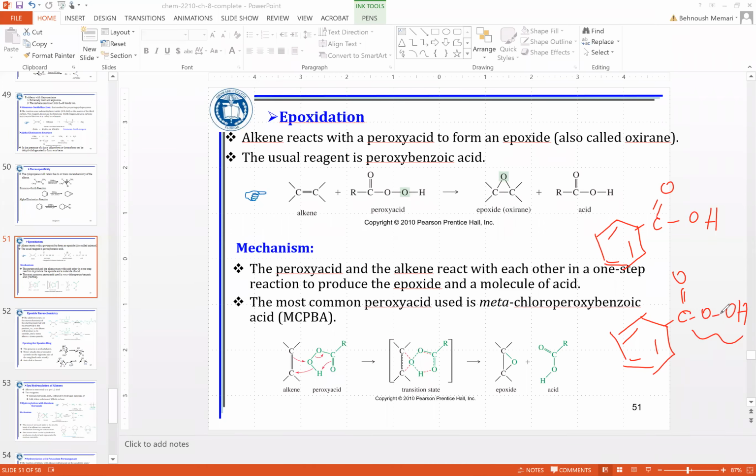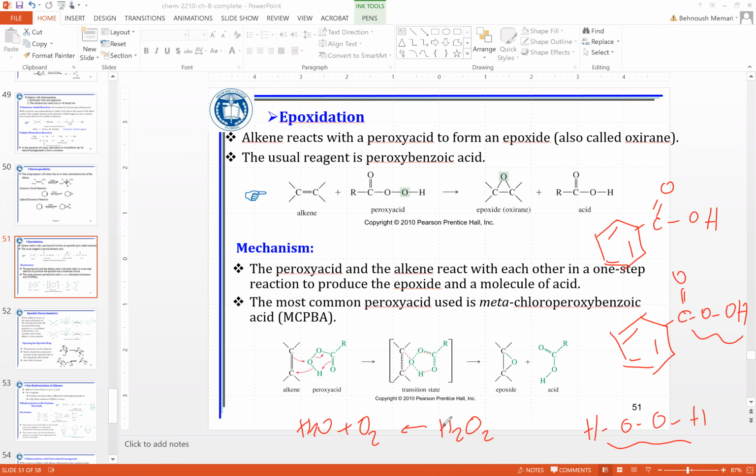Peroxide is an oxygen single bonded to oxygen, just like hydrogen peroxide. Very unstable. Just like if you buy a bottle of H2O2, you keep it in a brown bottle, you keep it away from heat, you keep it away from light. Otherwise, it's going to decompose and change to H2O plus O2.